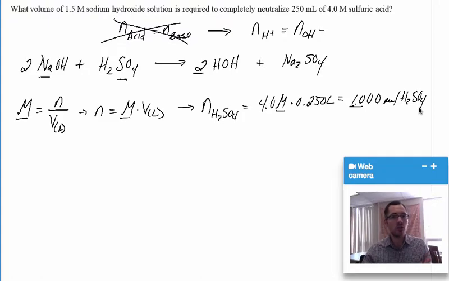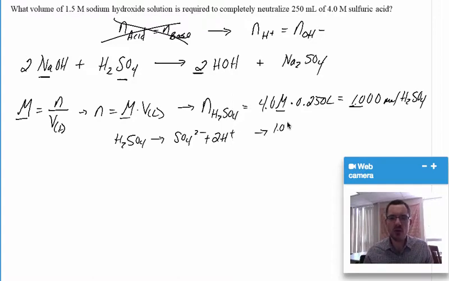And as I mentioned earlier, we do not care about moles of acid, we care more about the number of moles of protons. So if I break down H2SO4, I'll have 1 sulfate ion, but I will also have 2 protons. So my 1.0 moles of sulfuric acid, I can convert that. For every 1 mole of my acid, I will have 2 moles of my protons.